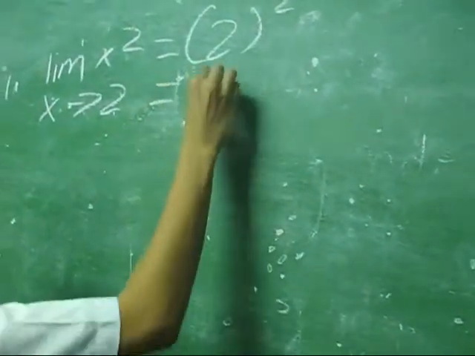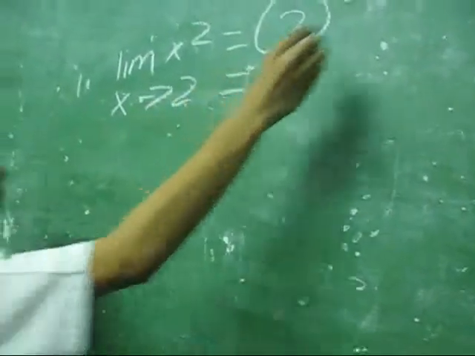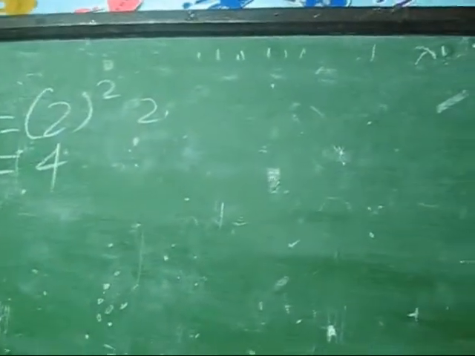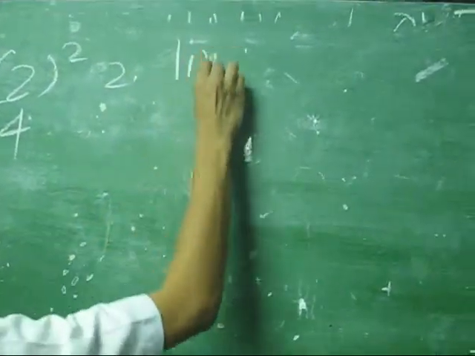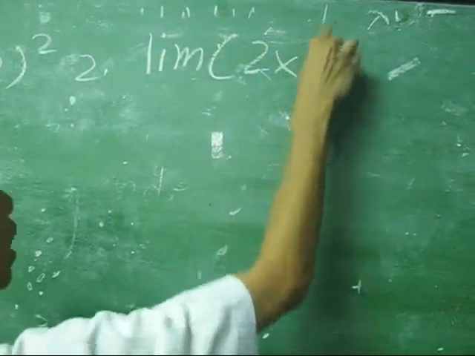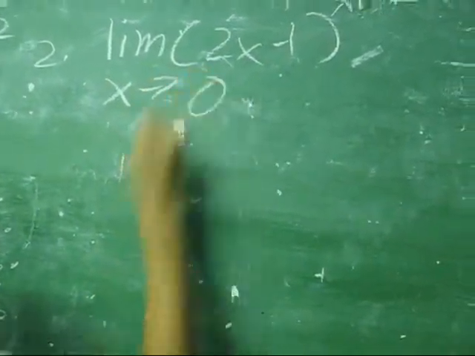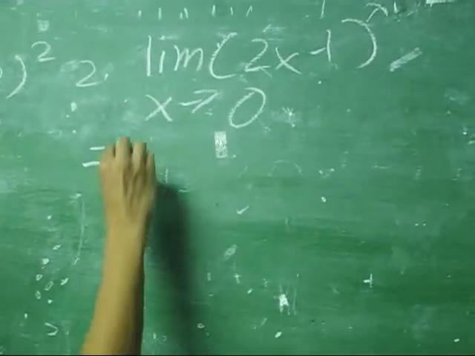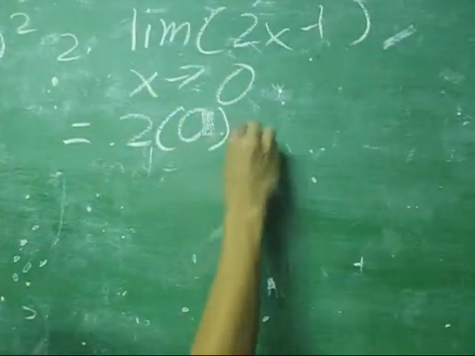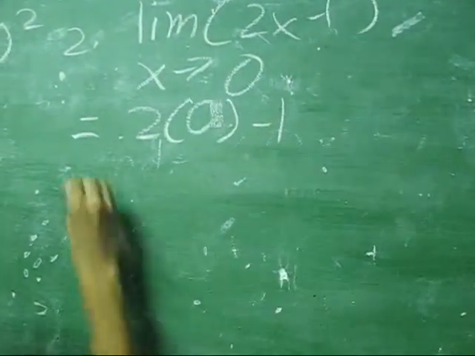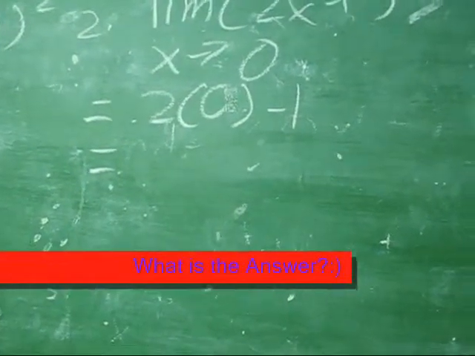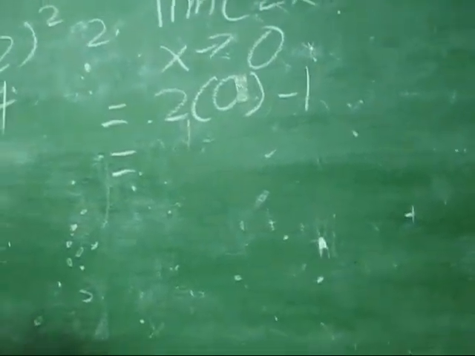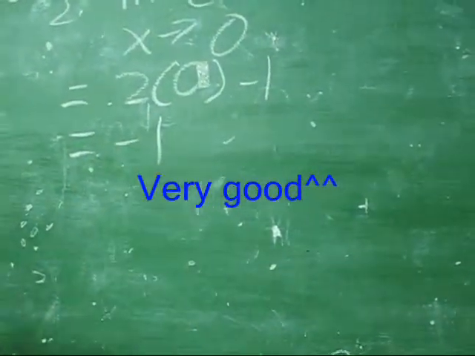So our answer will be simply 4. For our second property, let us give limit of 2x minus 1 as x approaches 0. It will be equal to 2 multiplied by 0 minus 1. So what will be our answer? Yes. Negative 1.